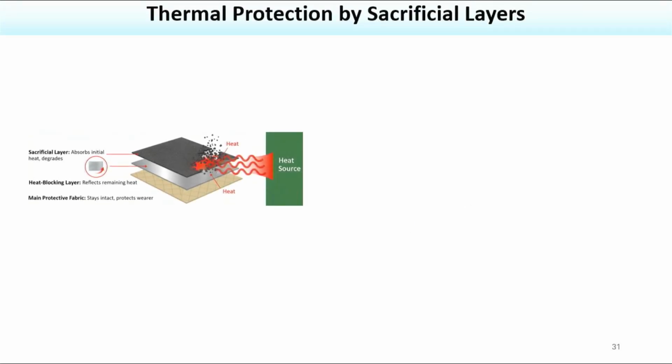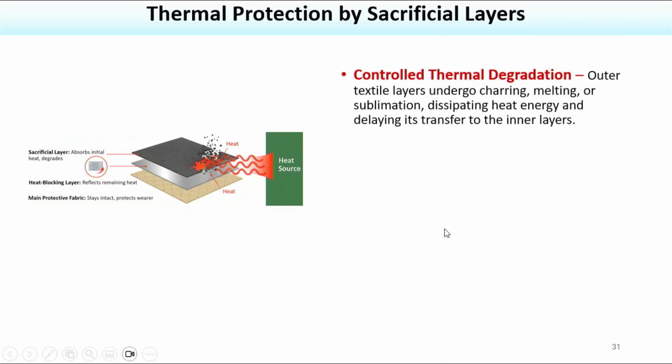And the sacrificial layer is the outer layer which absorbs heat and degrades. So, this is controlled thermal degradation. The textile outer layer, which may be some coating, undergoes charring or melting or sublimation, dissipating heat energy and delaying its transfer to the inner layer.